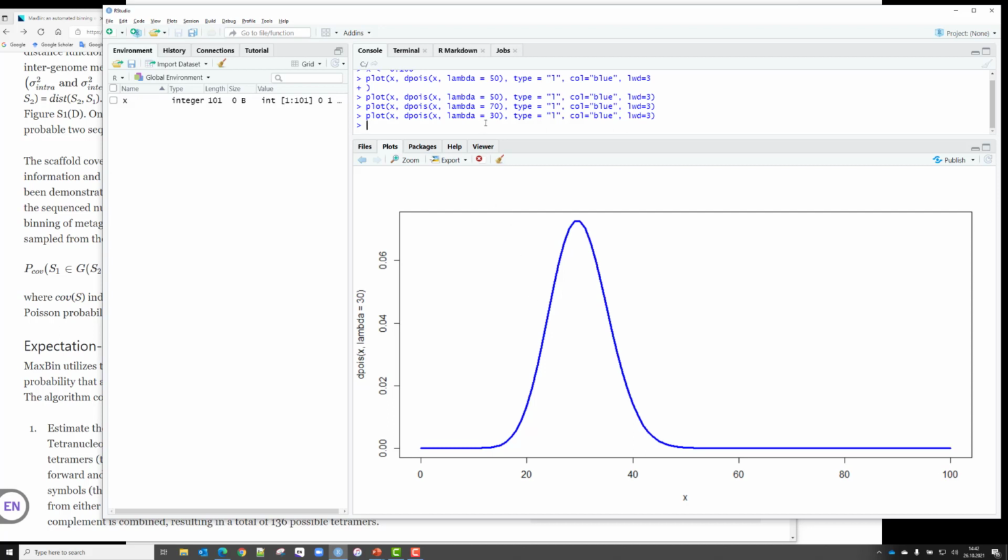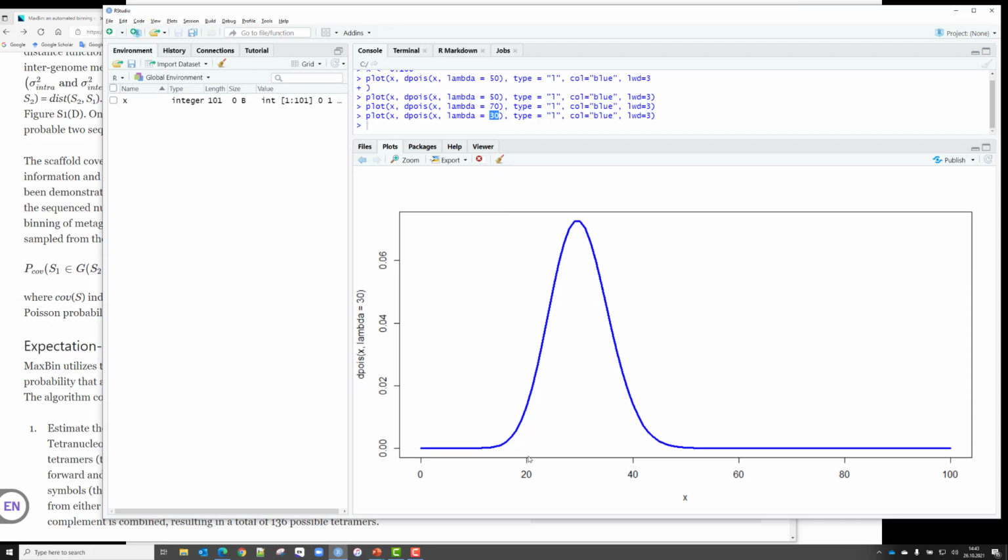The point is now that this value here that decides where the peak appears is the coverage for the S2 contig. And then we take the coverage of the S1 contig, and let's say that's 20, right? So S2 has coverage 30, but S1 has coverage 20.